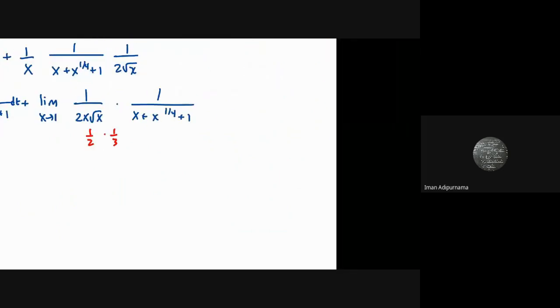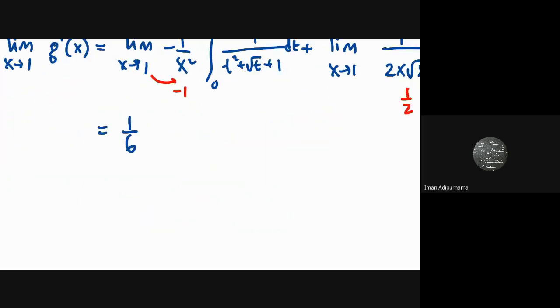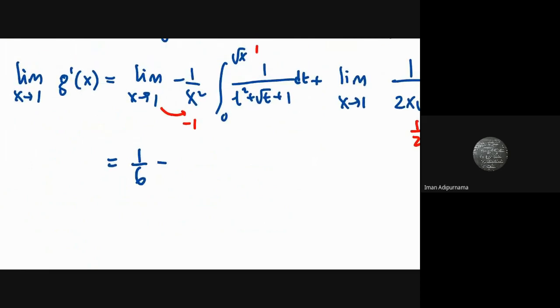Let me write over here. So we will have 0, 1, or maybe I can write here first. Negative 1, or negative 0, 1, and then this.